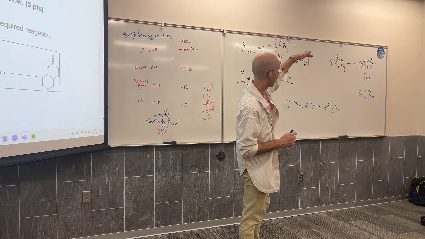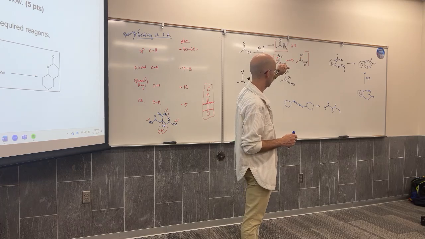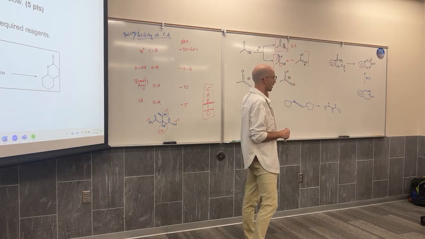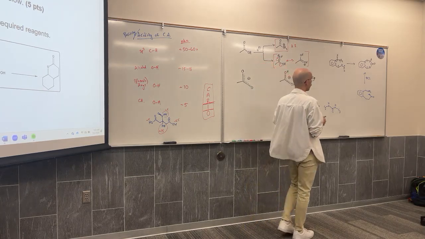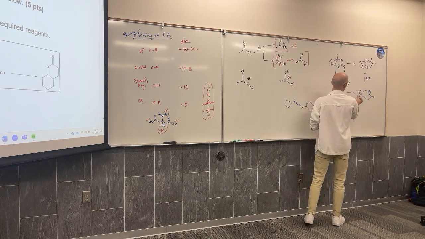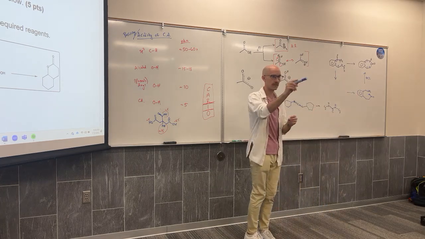Okay, so that's my amide synthesis. What I see now is that I need to get rid of the original amide and somehow get to a carboxylic acid. And I told you guys that this is going to be 3 steps, 2 intermediates.